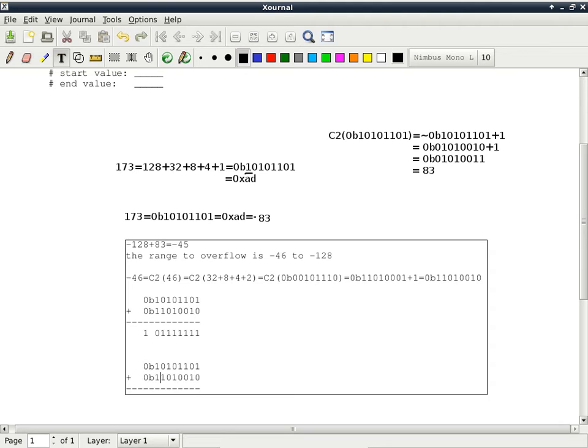Negative 128 is just this pattern here. So the result of this is fairly easy. We get everything back the same way for the least significant 7 bits, because the other number is just all zeros. But for this particular bit, what do we get? 0. We get a 0, and then we have a carry of 1, and the overflow is also a 1.